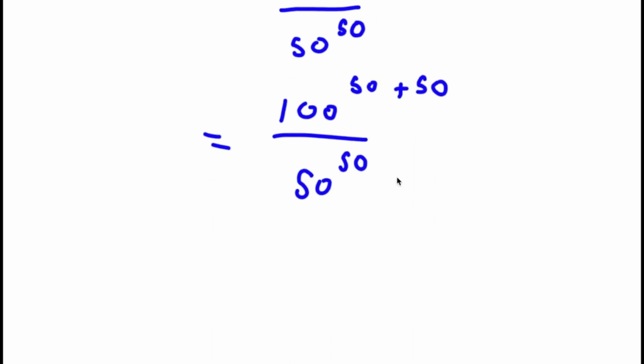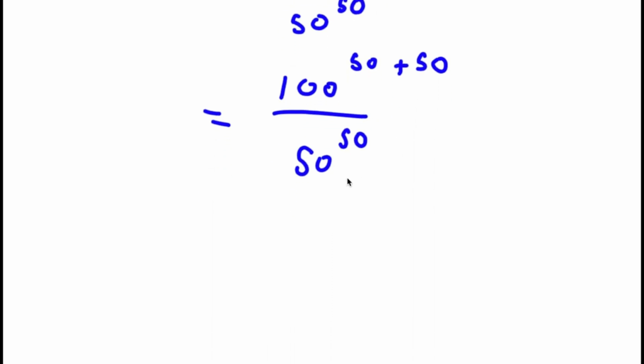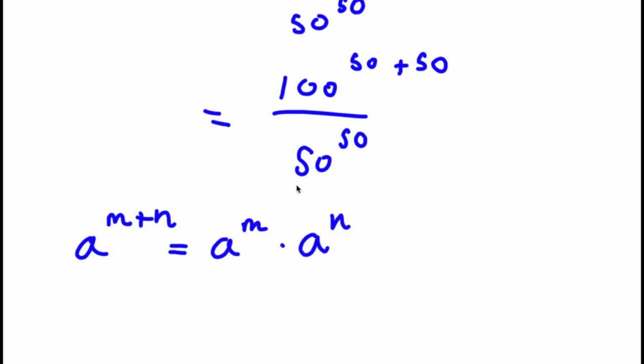So now, an important property of exponents is that if I have something in the form a to the power of m plus n, this is simply equal to a to the power of m times a to the power of n. As you see, in this case, I have 100 to the power of 50 plus 50.